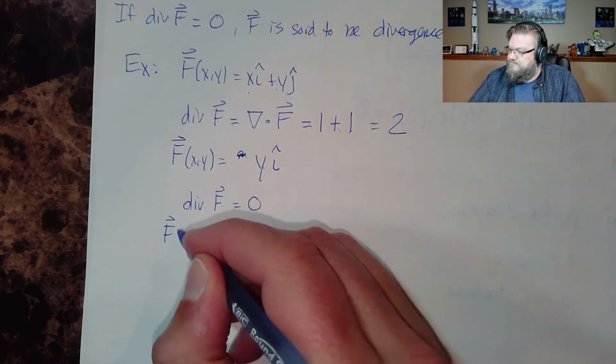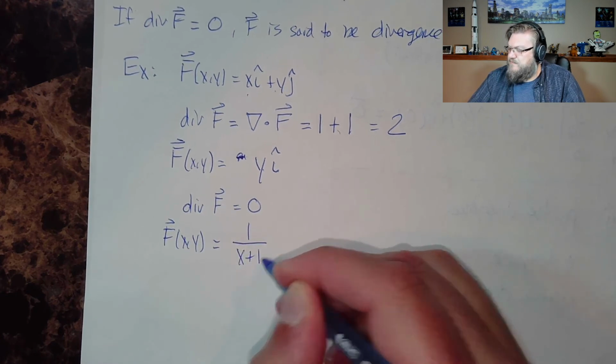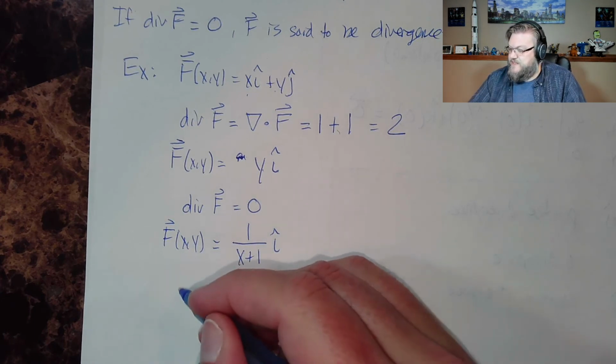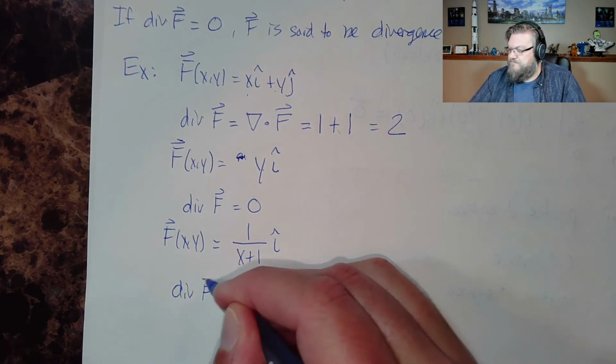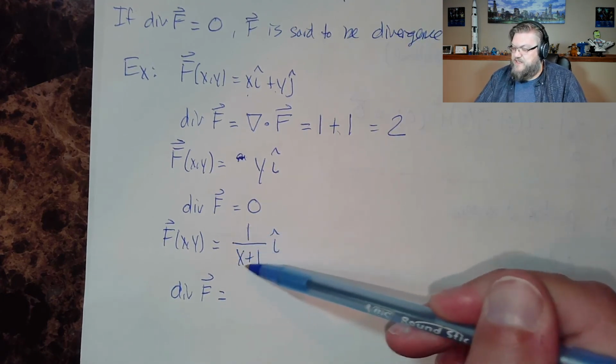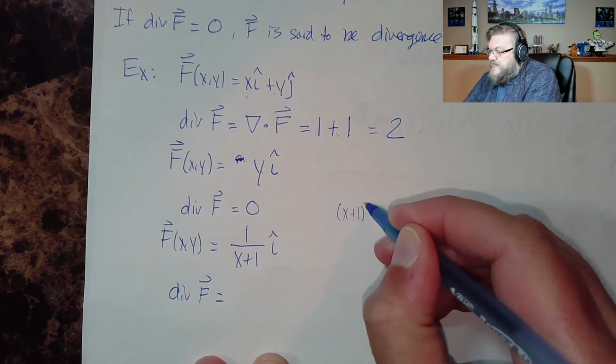And then finally, that last one was 1 over x plus 1 i. Okay. Let's calculate the divergence of that field. That means I need to take the derivative of this with respect to x. So let's think of that as x plus 1 to the negative 1.